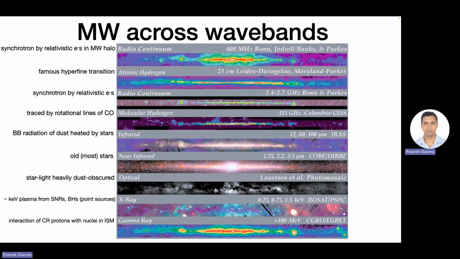Okay. Then gamma rays. If you go to gamma rays, this and this look very similar. To explain this, the gamma rays basically are produced by cosmic ray protons. So there are relativistic protons which are called cosmic rays, and these cosmic rays are diffusing in the Milky Way and beyond.